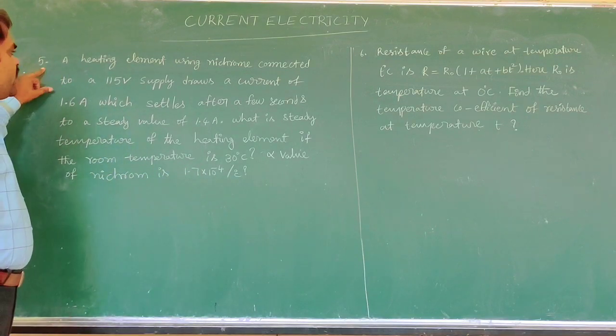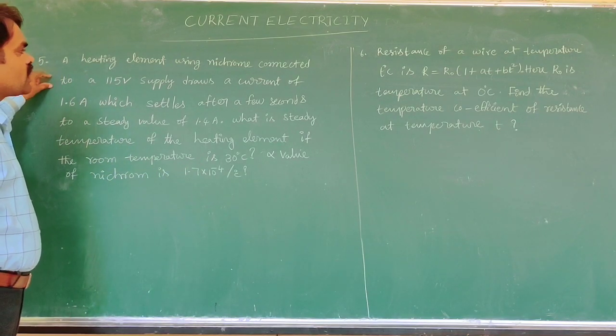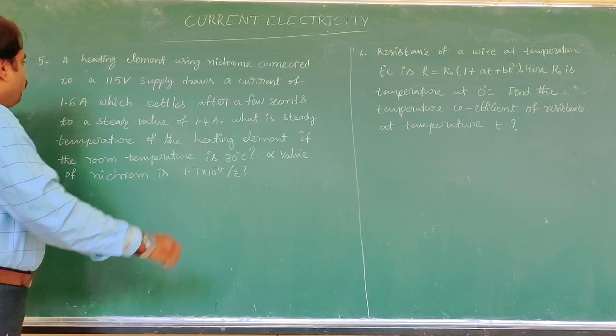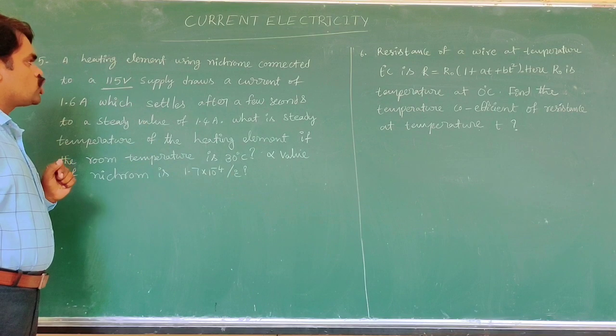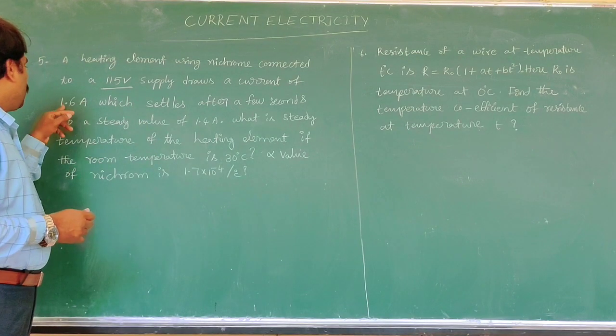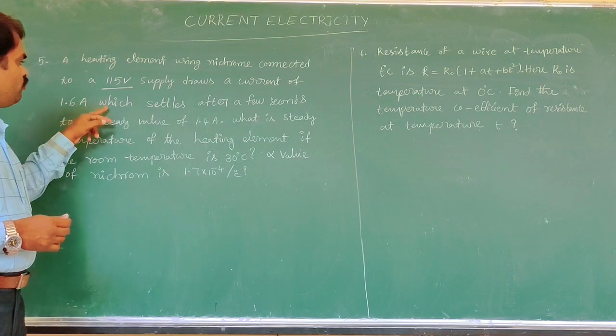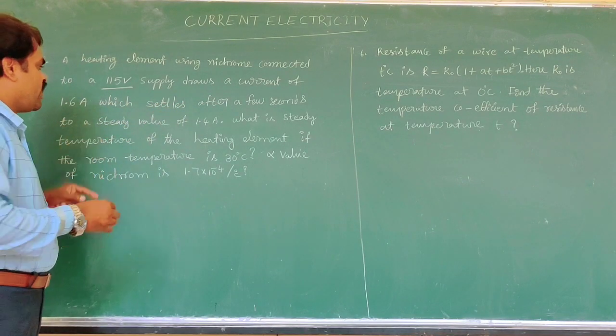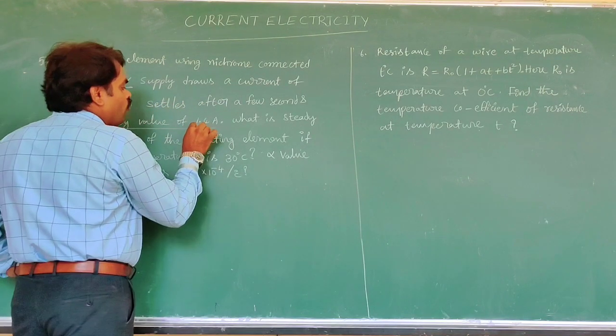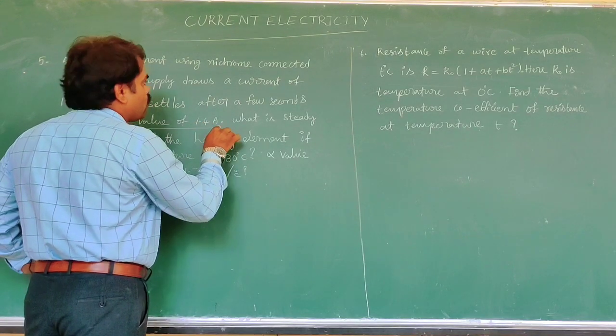A heating element using a nichrome connected to a 115 volts supply draws a current of 1.6 ampere, which settles after a few seconds to a steady value of 1.4 ampere.